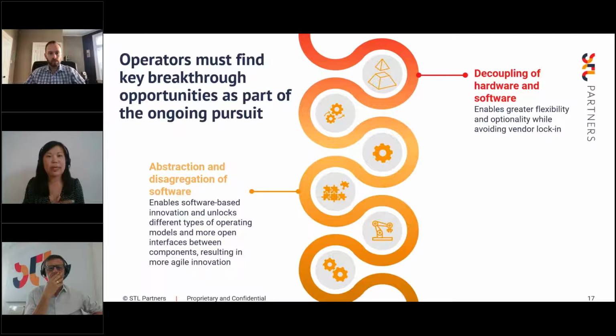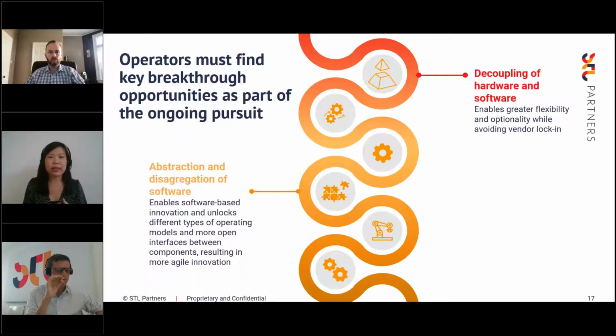So this is about, as we talked earlier, creating more infrastructure agnostic services, so you can change and evolve each building block without impacting the others, and developing open interfaces between the software components to avoid monolithic systems that constrain innovation.